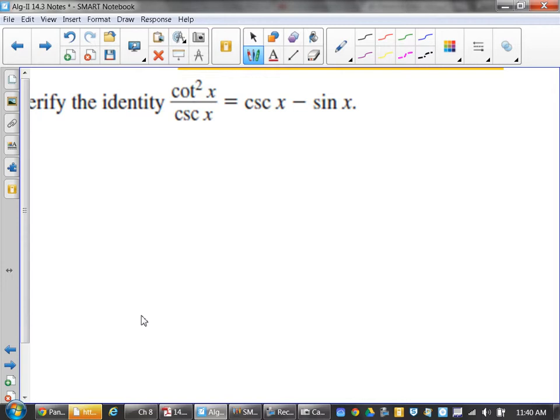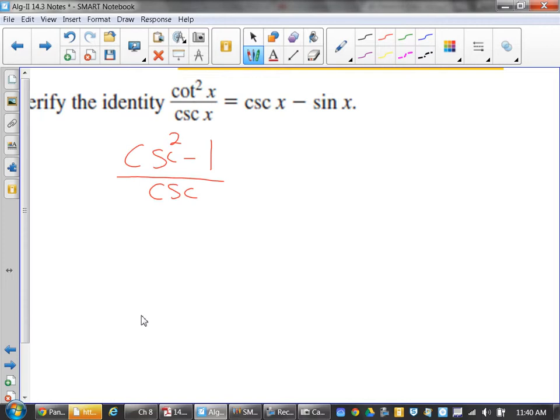So if I'm looking at my sheet, since I haven't memorized it yet, cotangent squared is what? Cosecant squared minus 1. So cotangent squared is cosecant squared minus 1, over cosecant. You guys agree on that? Right now, our common denominator is cosecant.